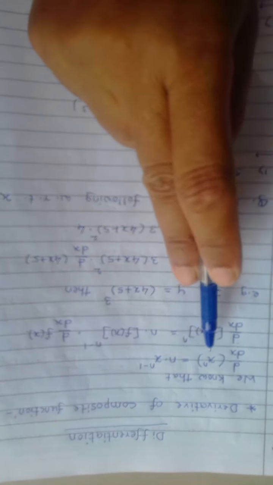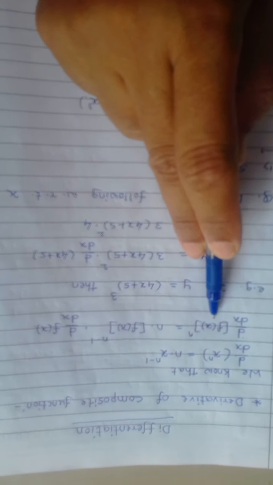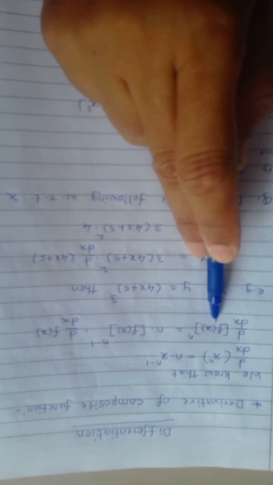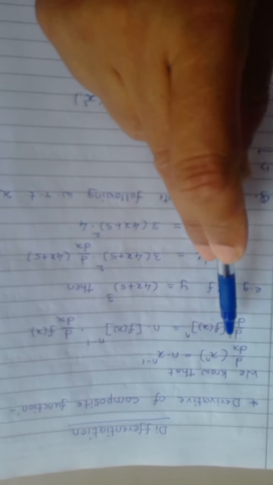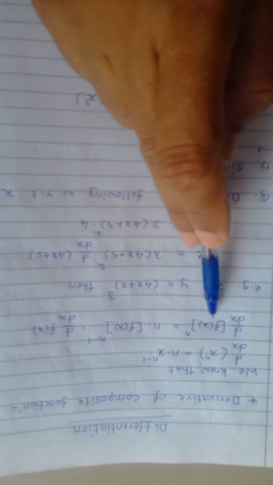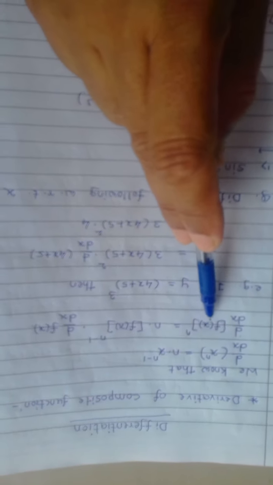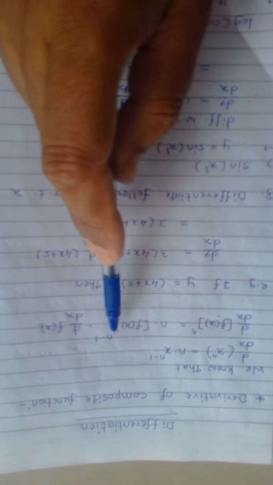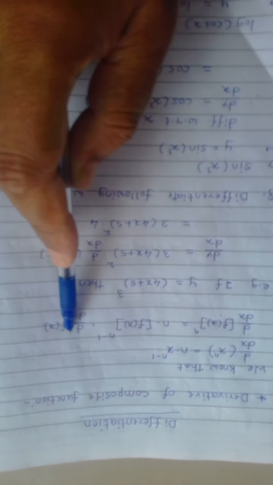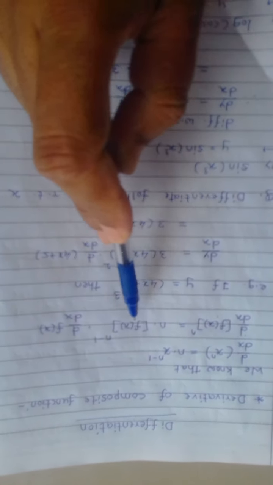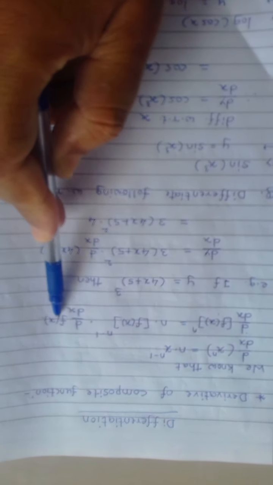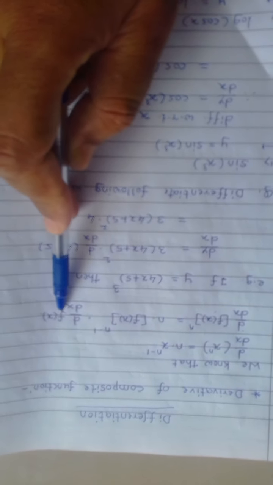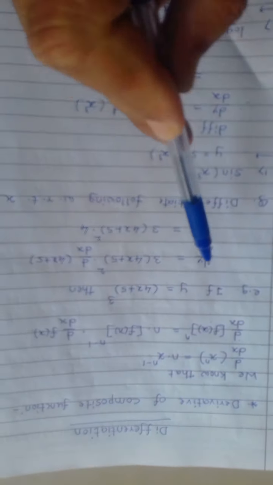Now if this x is replaced by any function f of x, then d by dx of f of x raised to n is equal to n into f of x raised to n minus 1 into d by dx of f of x; the derivative of that function is attached here.